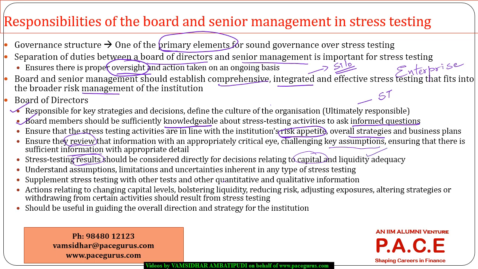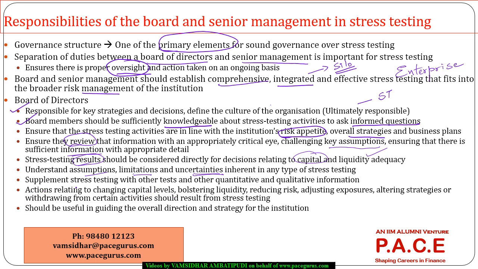Even the liquidity adequacy decisions also should come from the results of stress testing. That is where I can see that the stress testing is playing a role in the organization's overall risk management framework. So they should understand the various assumptions, the limitations of the stress test, and what are the various uncertainties that are coming out with respect to the tests.